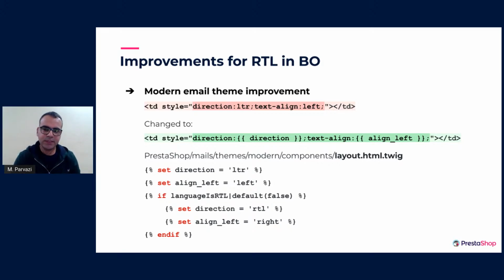When the user wants to generate the Modern email theme for an LTR language, the values LTR and left will be set to the Smarty variables, and if the user wants to generate the Modern email theme for RTL languages, the values RTL and right will be set to the variables, and it's very easy.